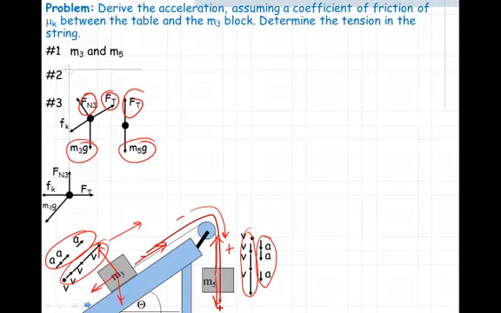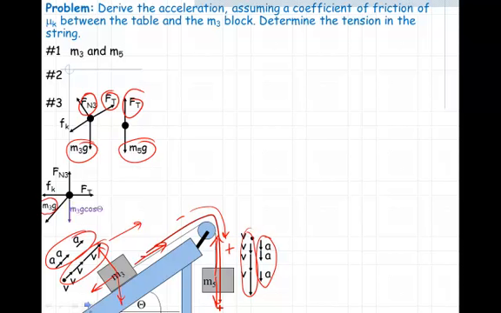Then we'll rotate our axis for the M3 block. The reason we're doing this is so that we have a fewer number of off-axis forces. In this case, we only have one off-axis force, whereas before, we had 3 off-axis forces.